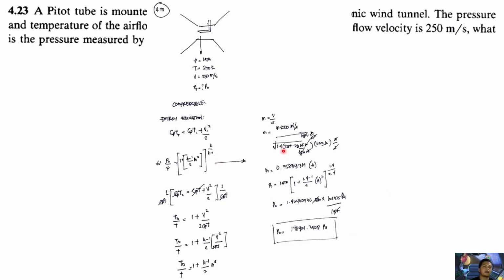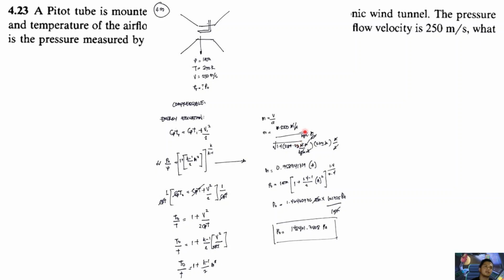So, getting the Mach number, we have 250 meter per second over the square root of 1.4 times 287.08 Newton meter per kilogram mass per Kelvin times 270 Kelvin. So, for the cancellation of units, first in this square root, we have Newton, which means kilogram mass meter per second squared.